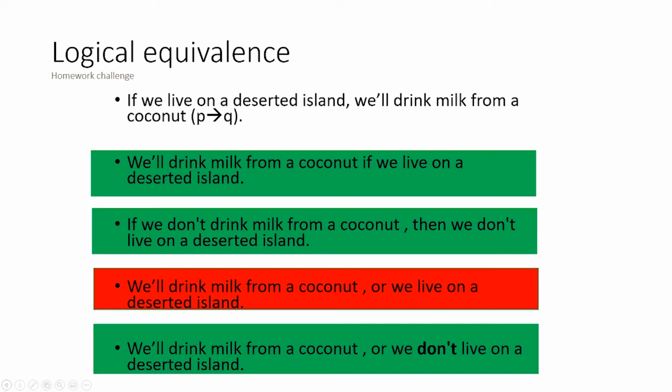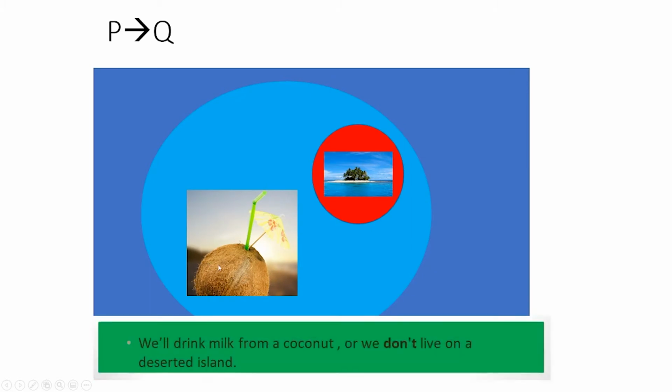The fourth one is indeed logically equivalent, because it does use the or operator, but it denies one part of the if then statement. And you can also use the map again to check it out. So we've drawn the same situation on the parachute map, and we've jumped out of a plane.